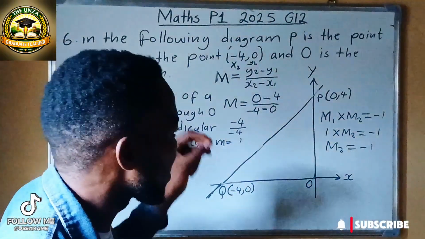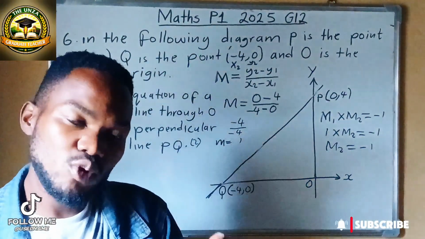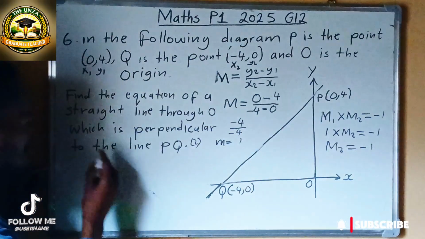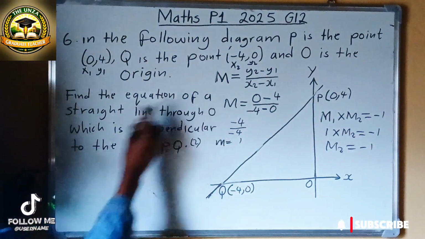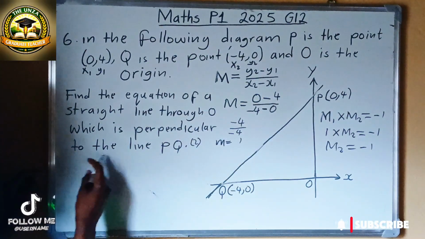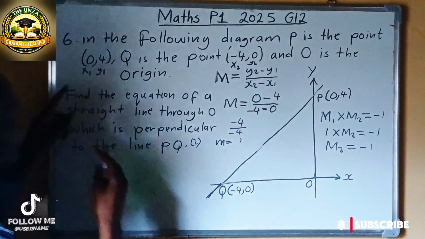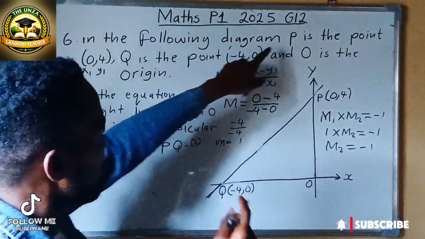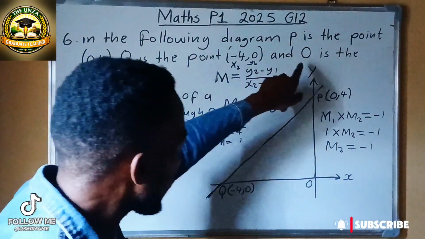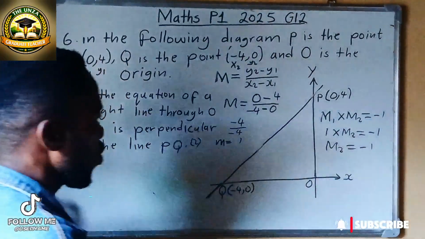Now the question was saying it was passing through the origin. So the question was saying find the equation of the straight line through O, which is perpendicular to the line PQ.